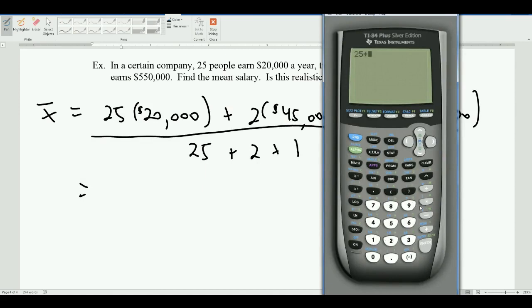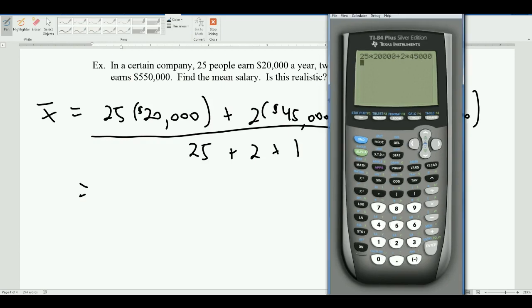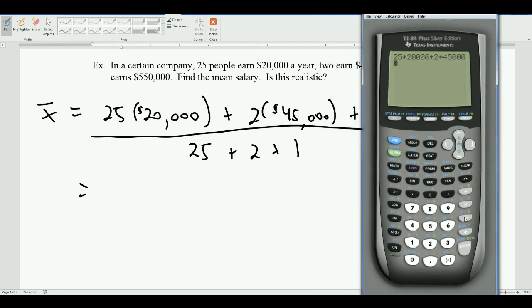25 times 20,000 plus 2 times 45,000, just so you can see, and then plus the 550,000 person. So you get that big number.